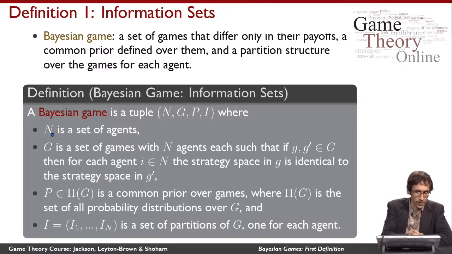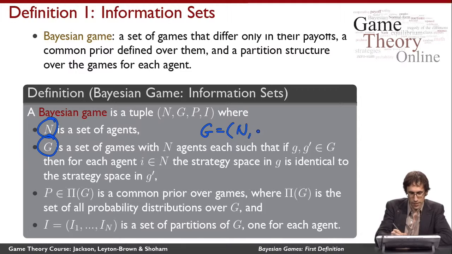The first is a set of agents. The second is a set of games. Recall that a game is defined as a set of agents, a set of action sets, one for each agent, and a set of utility functions, one for each agent.